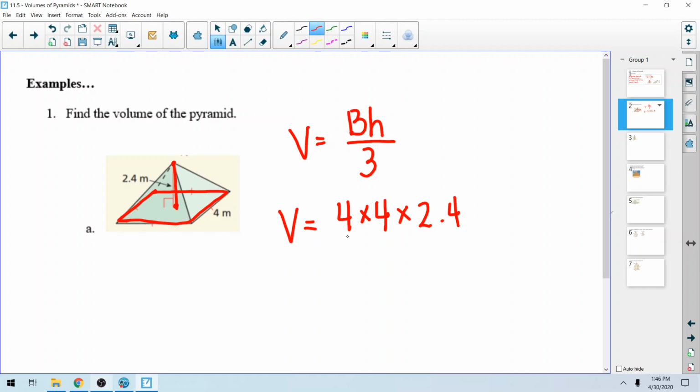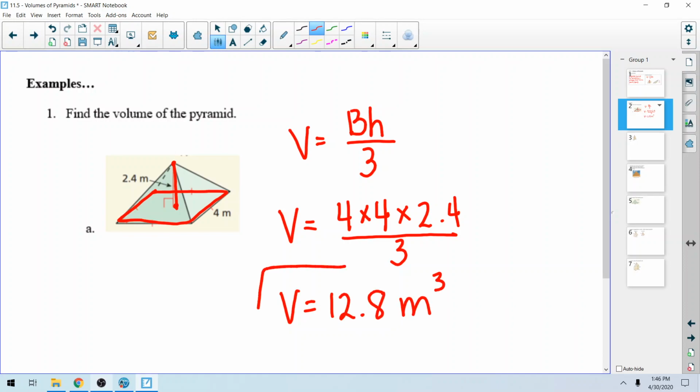And then, because it's a pyramid, we divide it by 3. So grab your calculator, 4 times 4 times 2.4, and then divide it by 3, 12.8. Volume equals 12.8 meters cubed.